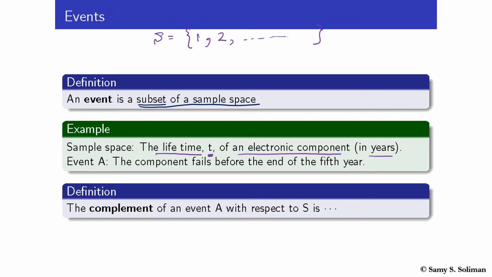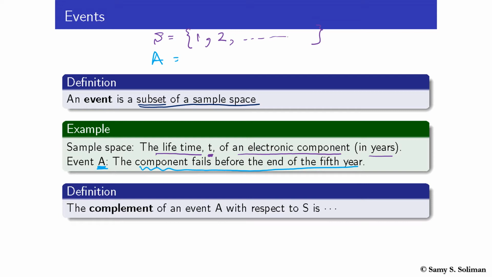So the sample space in this case is the set of all natural numbers, or the set of all counting numbers. If we define an event A in which the component fails before the end of the 5th year, what will be the possible lifetime of all the components included in event A?